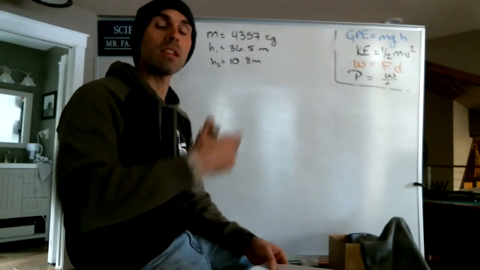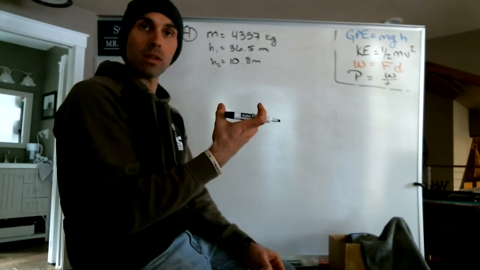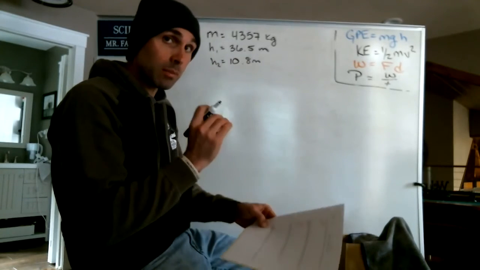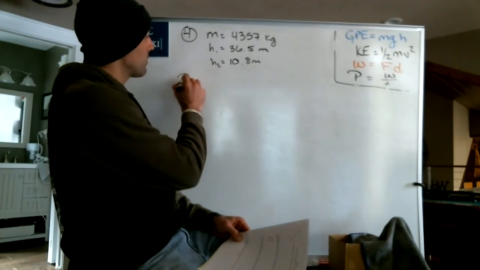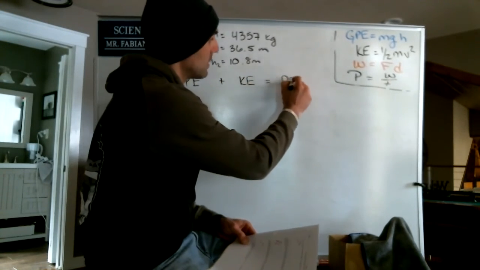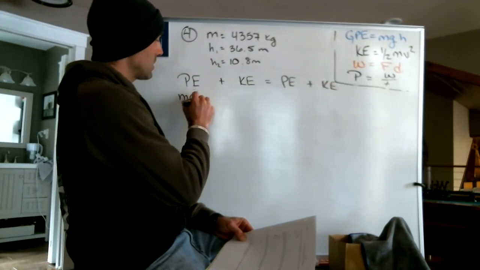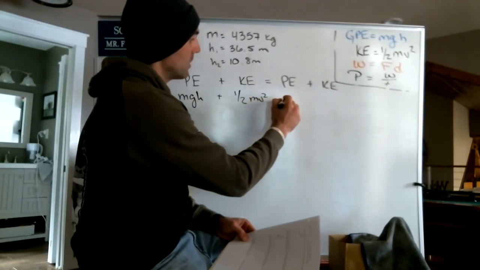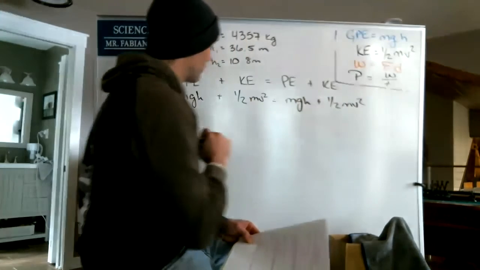This is very similar to the other problem, where we have all of this energy to start with, and then we're going to see what the velocity becomes when we still have a little bit of potential and some kinetic. So again, our conservation of energy: PE plus KE equals PE plus KE, mgh plus 1/2 mv squared equals mgh plus 1/2 mv squared.